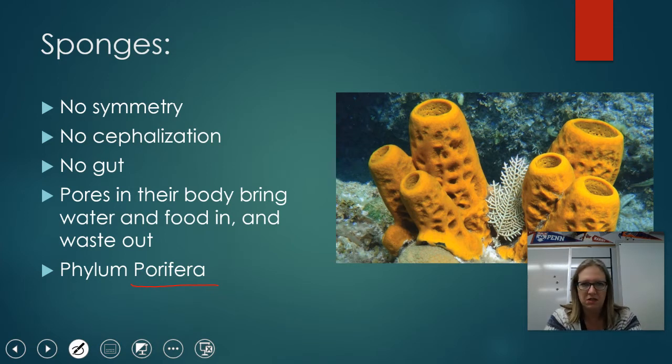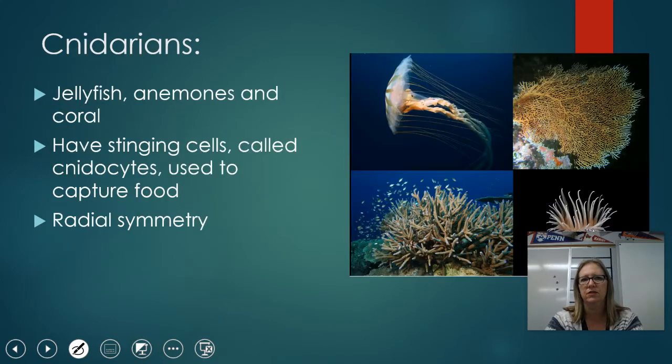No digestive system, no gut. Basically, they're just very porous. These are actual sponges. So the sponges, like natural sponges, are kind of the dried out body of these animals. And they're very porous, and these openings, these holes in their body, allow the water to kind of pass in and out, and they're able to capture food as the water passes and release waste. So very simple, very basic creatures, okay?